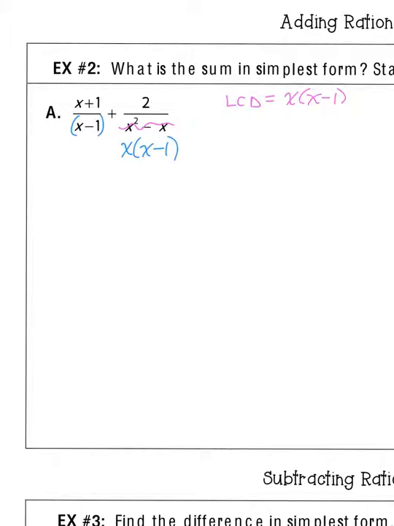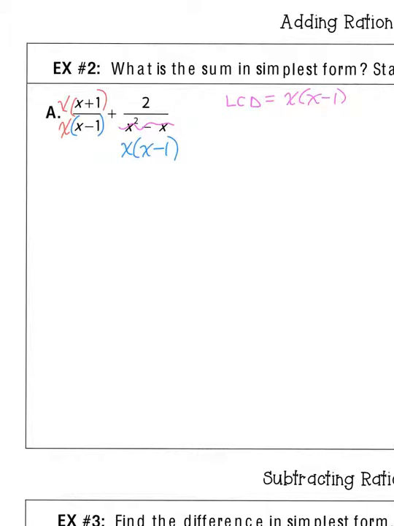Sorry, it's gone. Okay, so then I want this denominator to look identical to this. It's got the x minus 1, but it's missing the x. So I have to multiply the bottom by an x, so it looks like the LCD, and the top by an x.